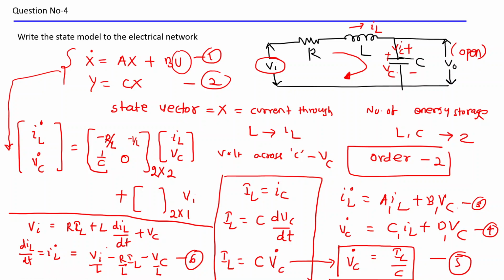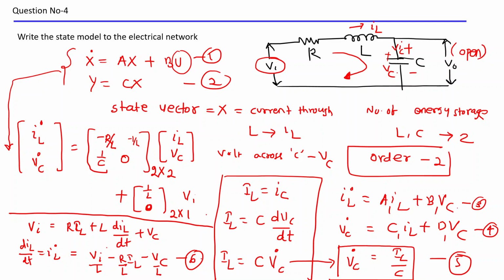Now you see the input: in equation 6 and equation 5, where is the input coming? Does equation 5 contain the input? No. So here, for Vc star, the coefficient is 0. And what is the coefficient of Vi in the first equation? 1 by L. So you write down 1 by L. Are you following me?